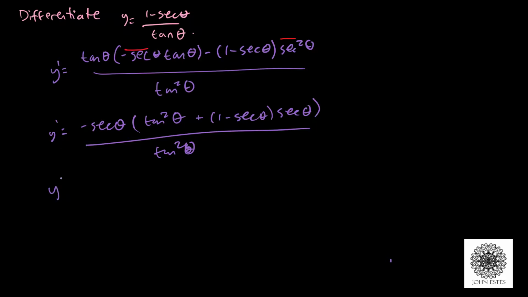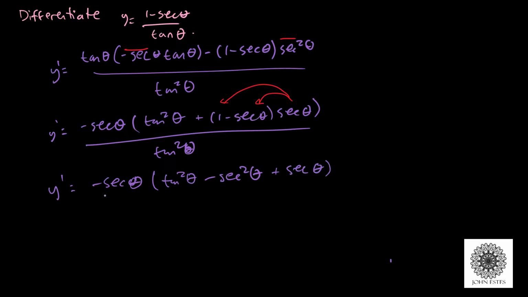Continuing, I notice here I have y equals negative secant theta tangent squared theta plus, distributing that secant theta now, I'm going to write it like this. A negative secant squared, right? That's from distributing across here. I wrote that term first. And then the second term would be plus secant theta all over tangent squared theta.